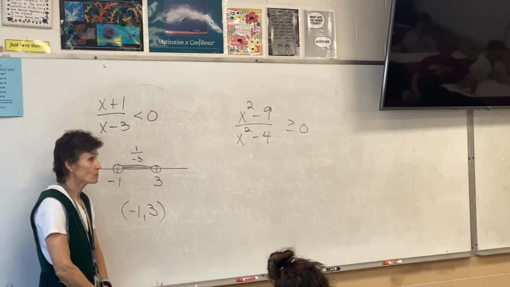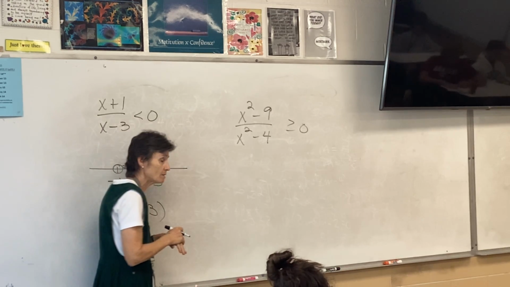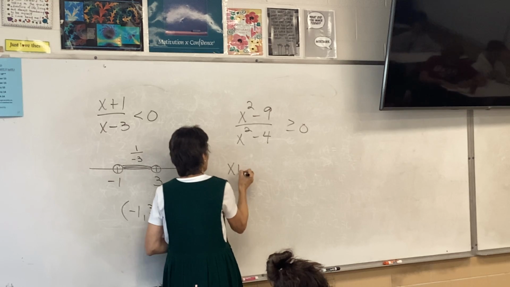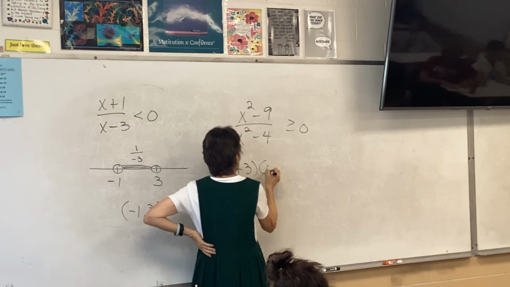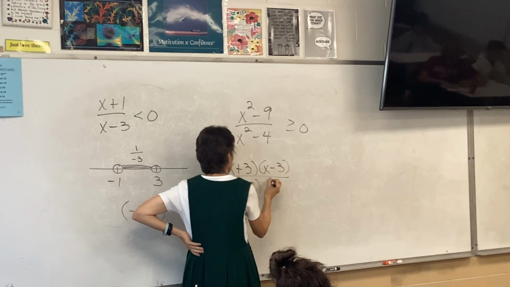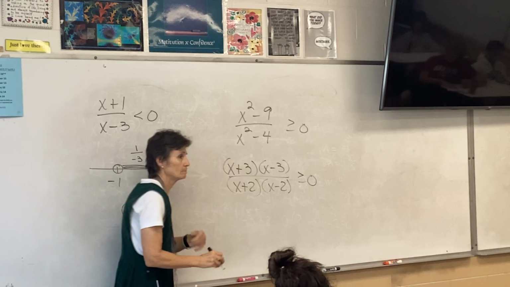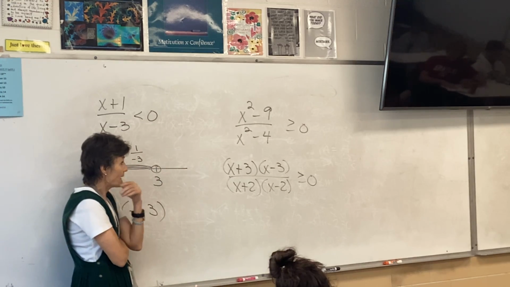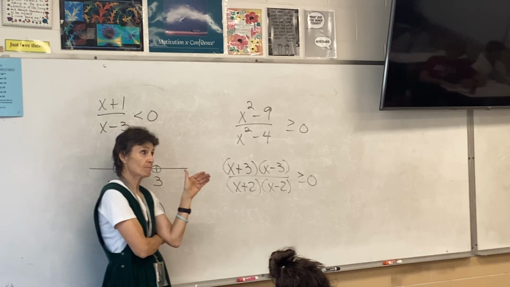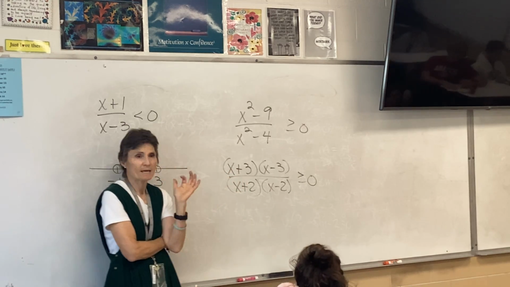Gotta factor it first. That's a common theme. We factor. So x plus 3, x minus 3, x plus 2, x minus 2. Now, if something cancels, then you definitely want to cancel it, but nothing cancels.